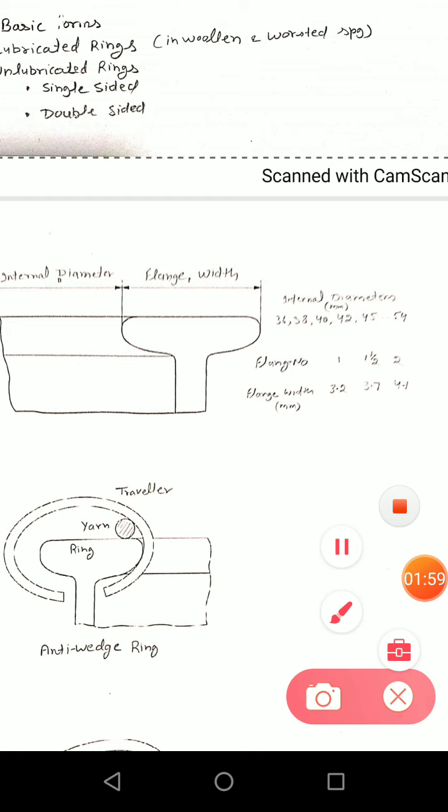For rings used in short staple spinning mill, two dimensions are of prime importance. First one is internal diameter and second one is flange width.